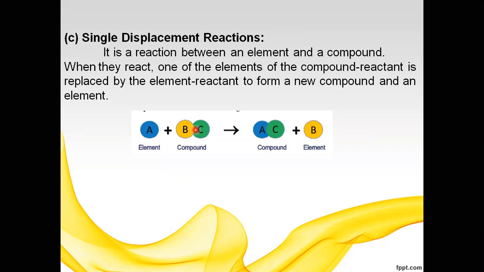One element and a compound react, and C and the other are formed. So this is the single displacement reaction, and B is the element. That is the compound product and the element product.